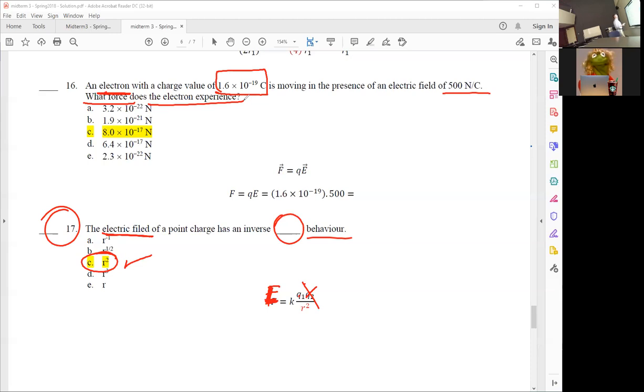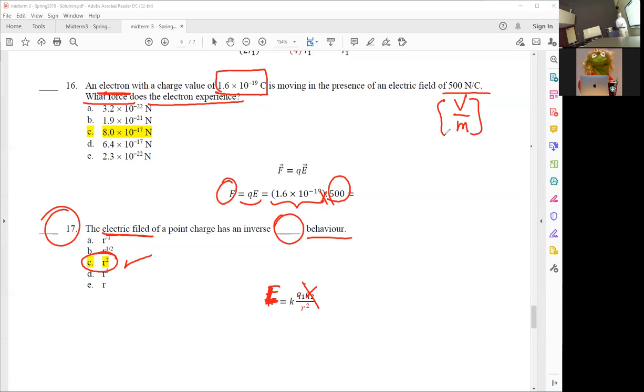Here, we only need the magnitude, so we're using force is equal to charge times electric field. So the absolute value of the charge, even though it's negative, I'm taking it as positive 1.6 times 10 to the negative 19, and then multiply by my electric field, which is 500 newtons per coulomb. Now, if you're given the electric field in volts per meter, do not panic, it's the same thing.